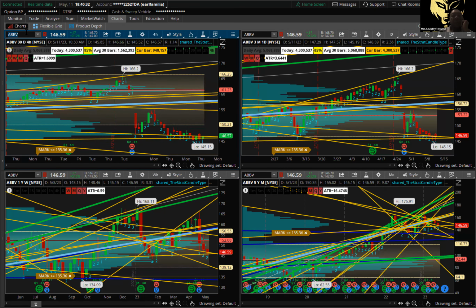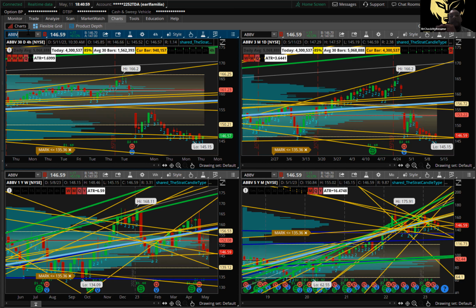And then Abivide, similar deal. And this goes back to the trend discussion. I want to look at what trend that stock has been in. So even though it's giving us a bullish afternoon 4-hour candle, I'd be looking to see what level it would get to before it rejected and came back down.